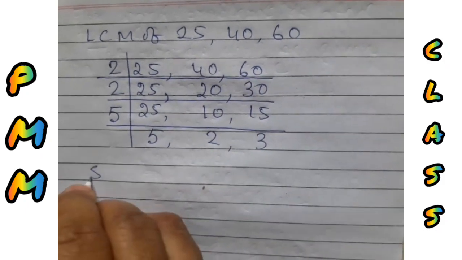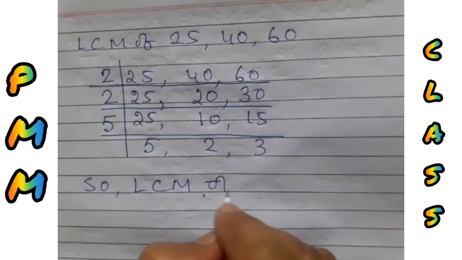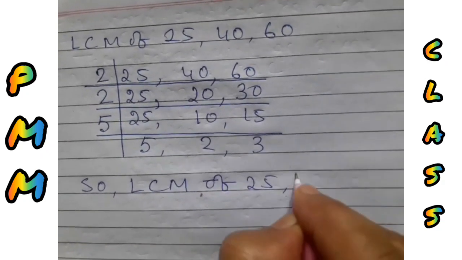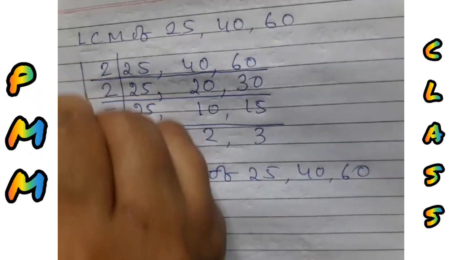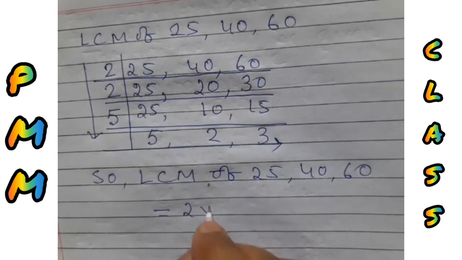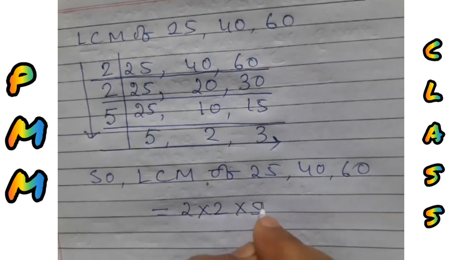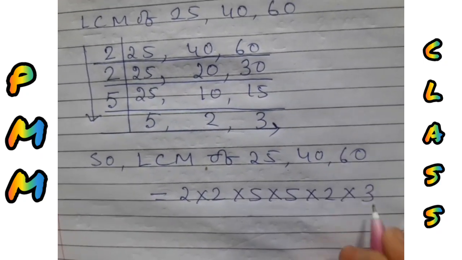So LCM of 25, 40, 60 equals 2 multiplied by 2 multiplied by 5 multiplied by 5 multiplied by 2 multiplied by 3.